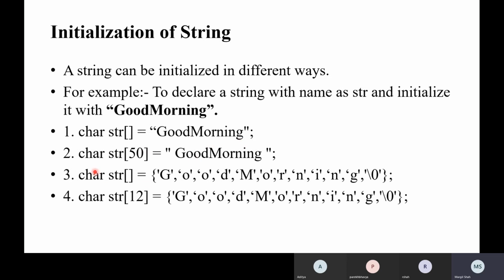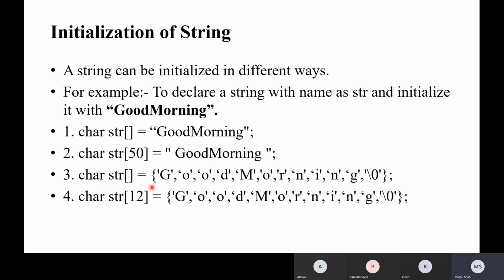Then char str[50]. Now what is the size of the string? That is 50 characters. It may hold 50 characters, and we initialize it with "good morning" and after this \0.